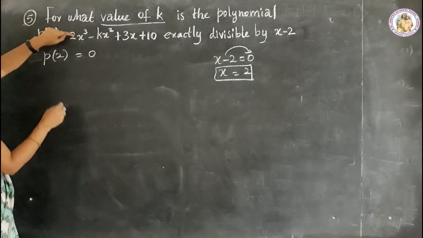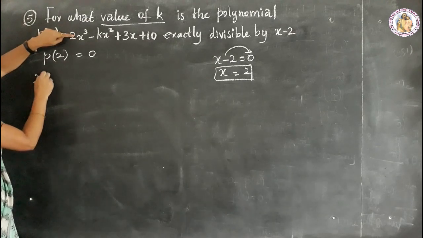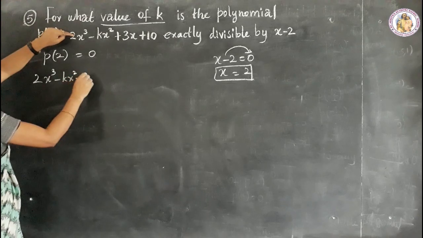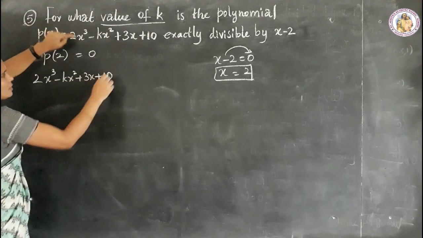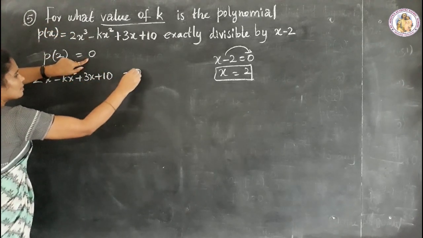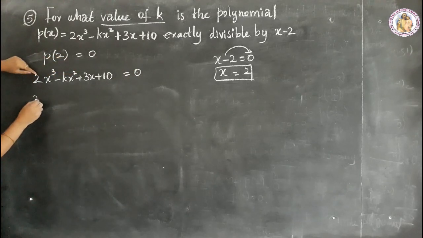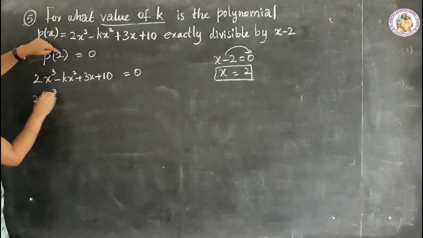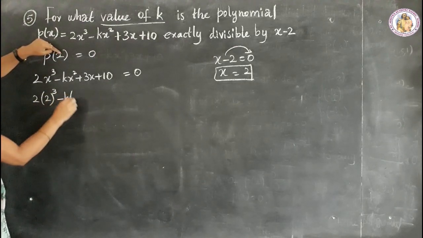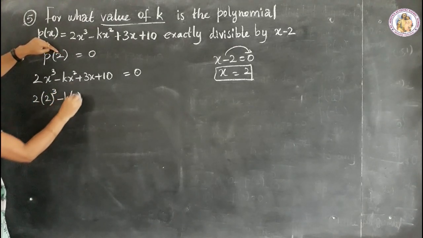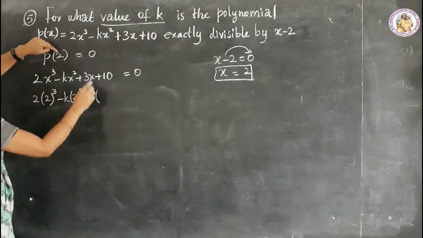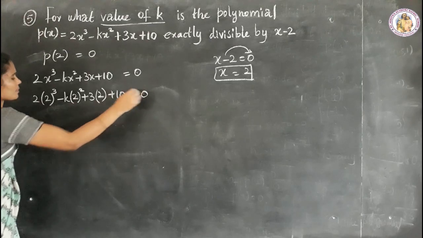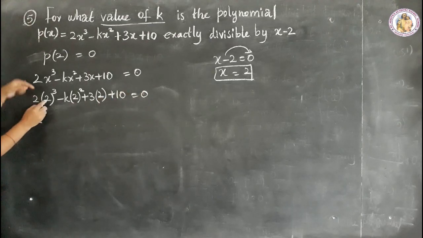Now write this polynomial 2x cube minus kx square plus 3x plus 10 is equal to 0. Okay, now in the place of x apply 2: 2 cube minus k, 2 square, plus 3 into 2, plus 10 is equal to 0.